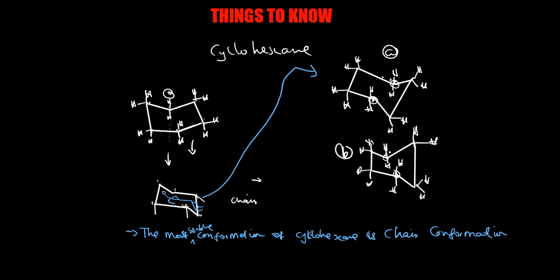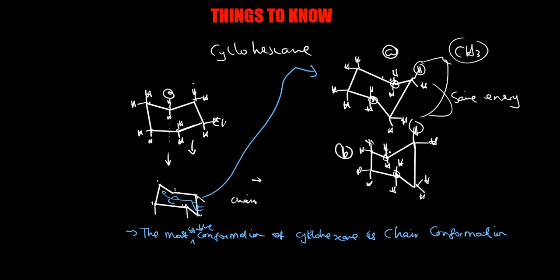These guys have the same energy. But if we change, let's say, this hydrogen and put in a methyl, then they will no longer have the same energy, because one will be in the equatorial position and the other in the axial position. Axial position is where I put a methyl along the y-axis, so that's axial.